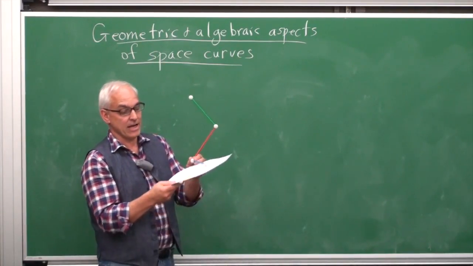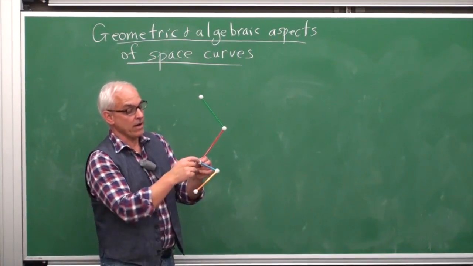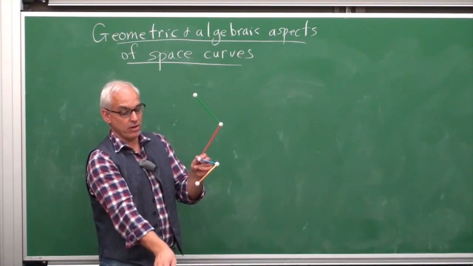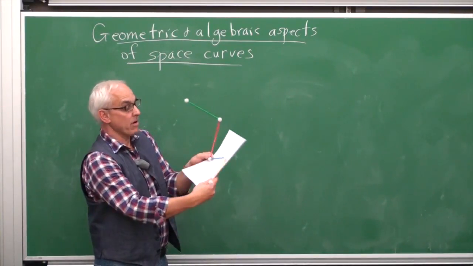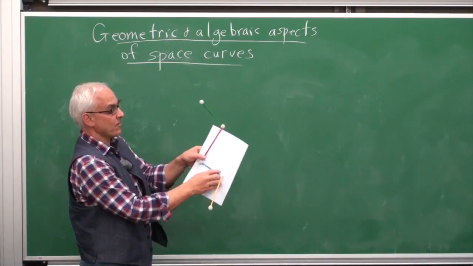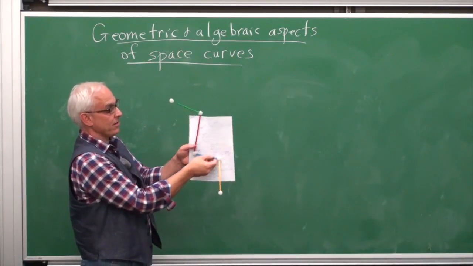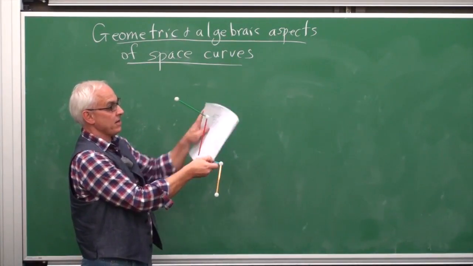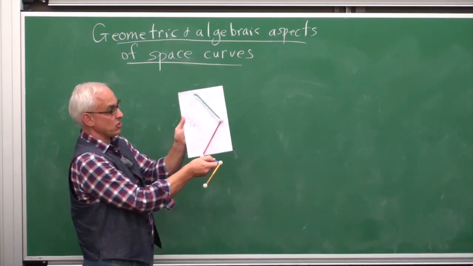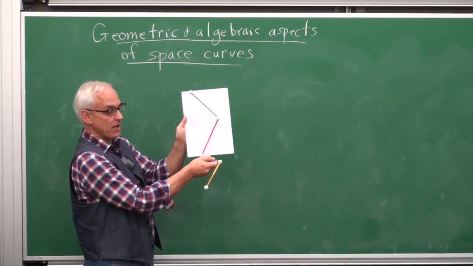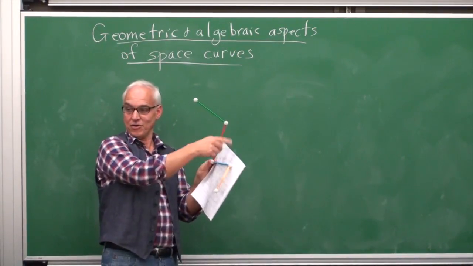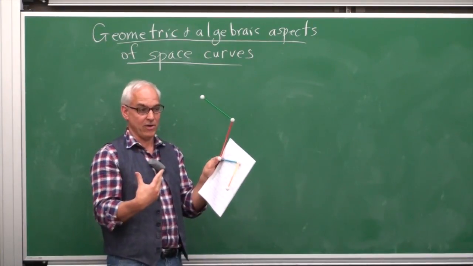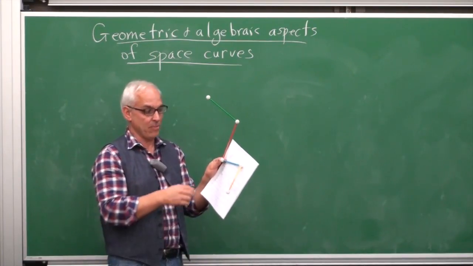So that would be the osculating plane at that point, whereas the osculating plane at this point would be determined by this triangle here, and the osculating plane at this point by this plane here. So every 3 consecutive points corresponds to a triangle, and that's like an osculating plane.